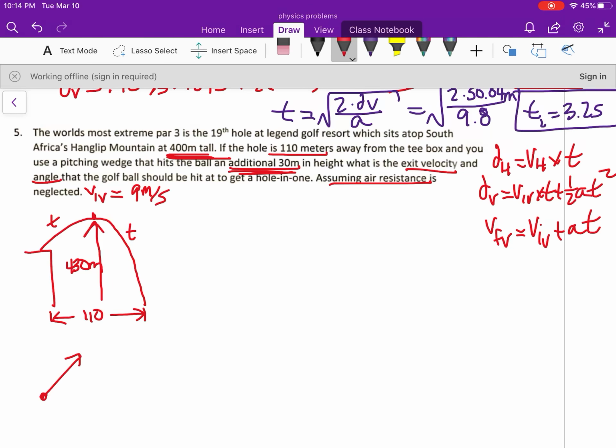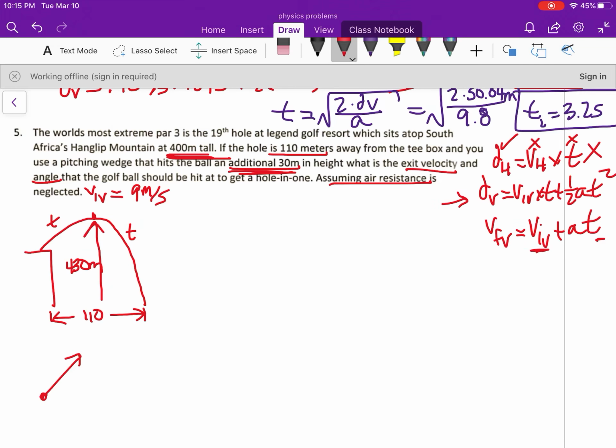Our plan of attack, let's see. I don't know this and I don't know that, so the first equation is not going to be a whole lot of help. I do know this, I don't know this, and I don't know time, so that equation is not going to be a whole lot of help. So maybe the second, let's see.